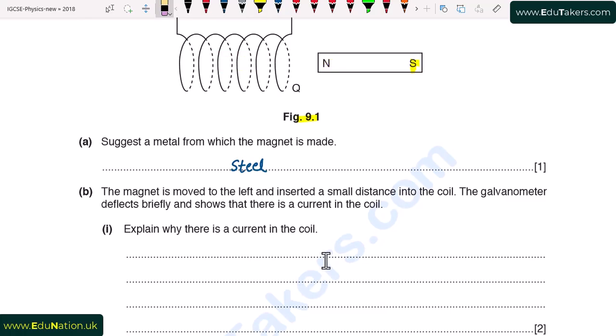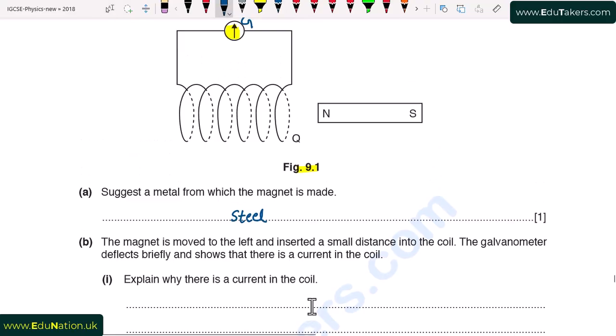So first of all, we can see in this figure that there is a magnet. Now I am going to draw some magnetic lines here. These are from north to south pole. So these are the magnetic lines.